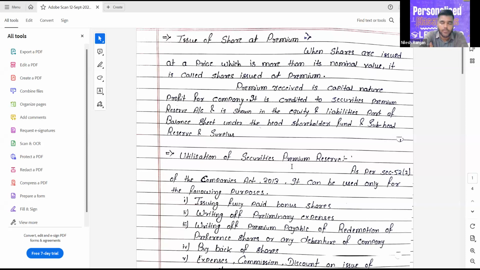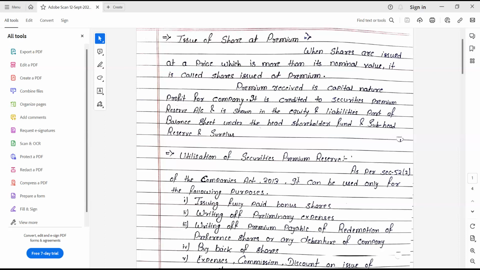When the company asks for money on different calls and any shareholder is not able to pay the amount due to any reason, we forfeit the shares after giving some notice. Actually, 2 or 3 notices we have to give before forfeiting the share. Then if the amount is not yet paid, we will forfeit the share.